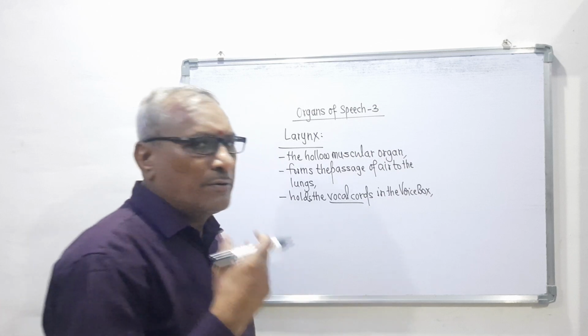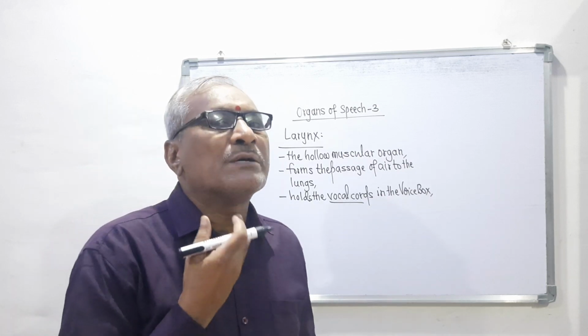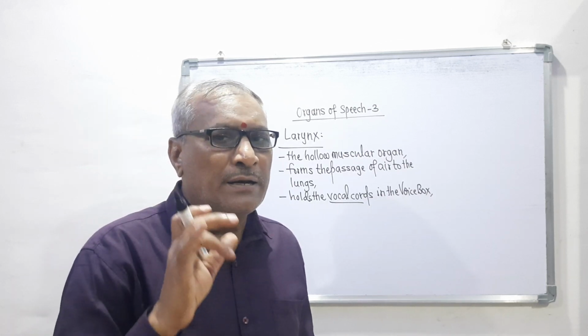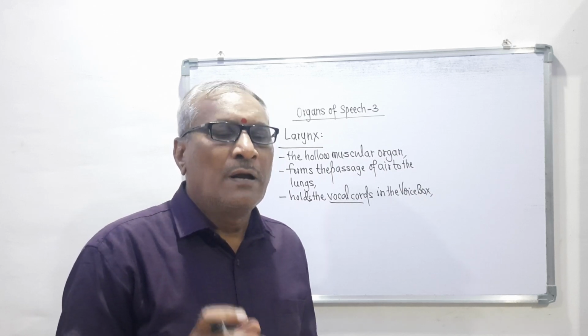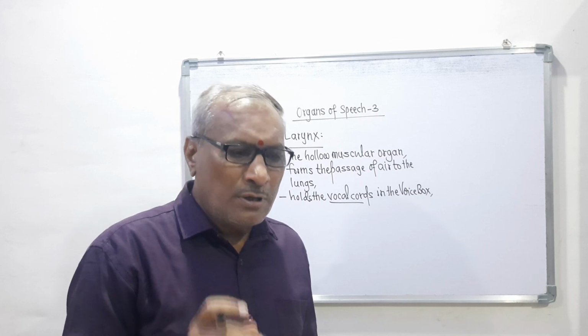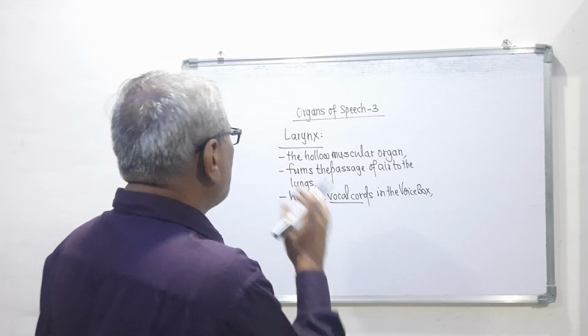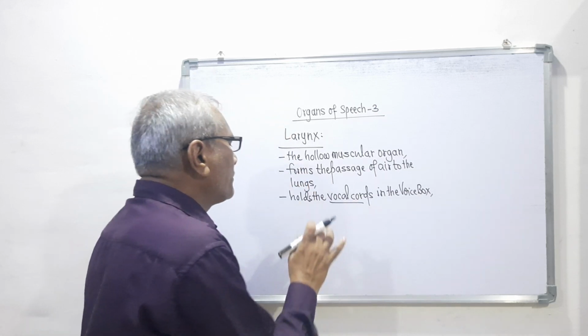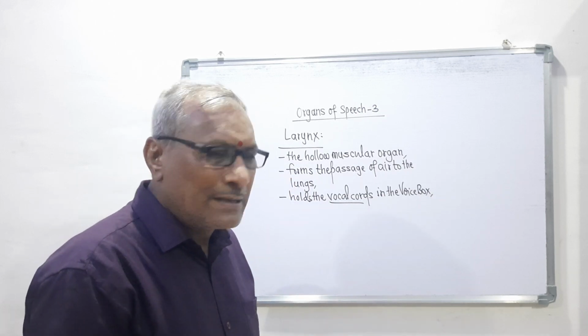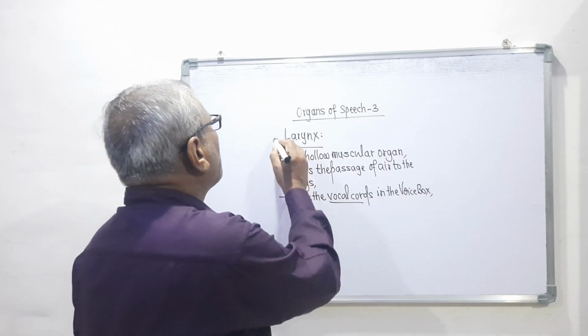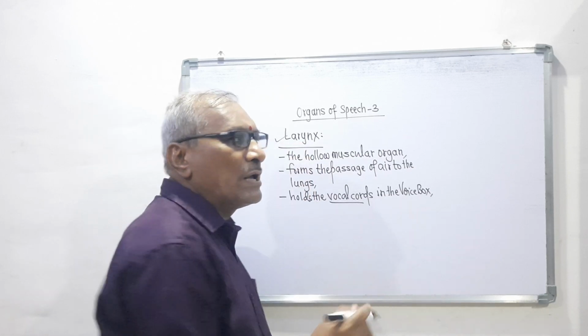Vocal cords help us to speak our speech sounds. That is called the vocal cords. And these vocal cords are held, are caught, are packed by the larynx in the voice box.